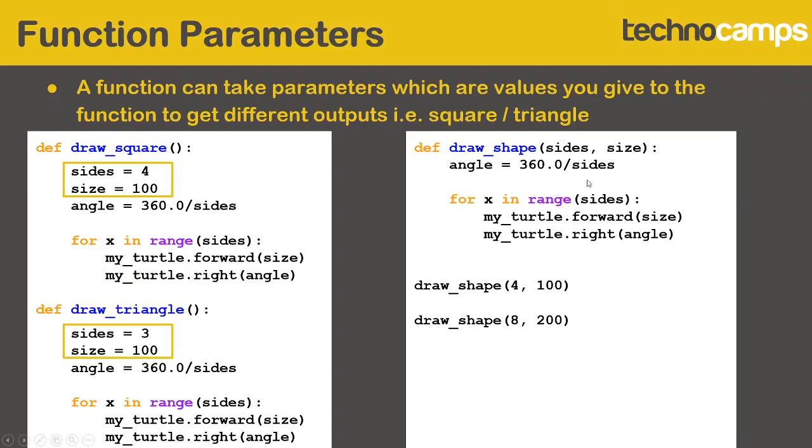The angle has been calculated in this function. If we wanted to use this function throughout our code, we would call the function like we did before by its name, so draw underscore shape. And this time in the parentheses, we would define the number of sides of the shape and the size. Each time the function is called, it would input each of these parameters into the variables of this function.